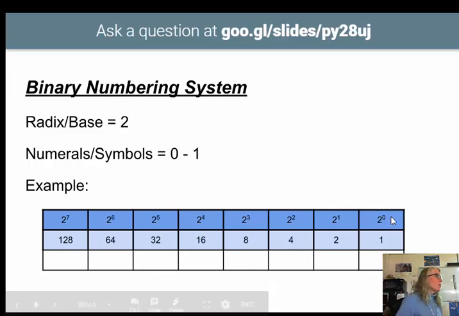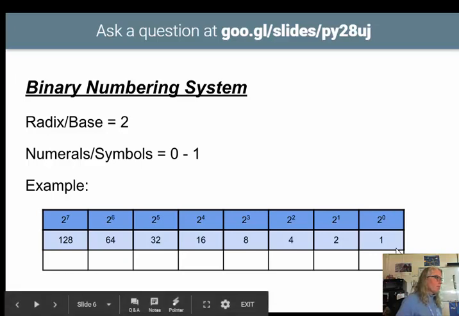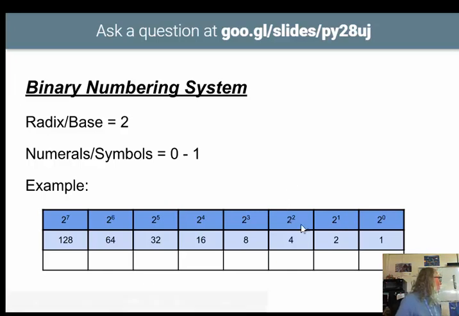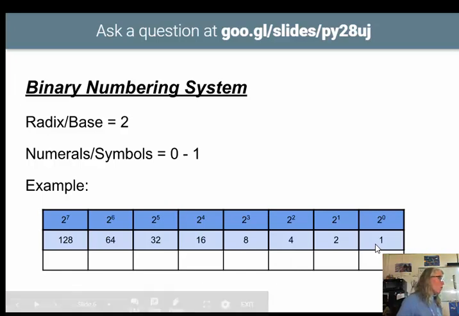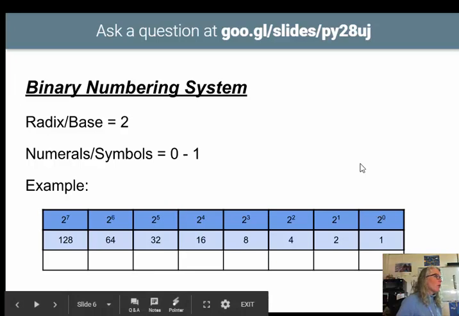So any number to the 0 power is 1. Any number to the first is the number itself. And then we just multiply that number times itself, however many times that exponent says, right? So the values of our positions are way different in binary than they are in decimal. And watch what happens when we actually start counting in binary.